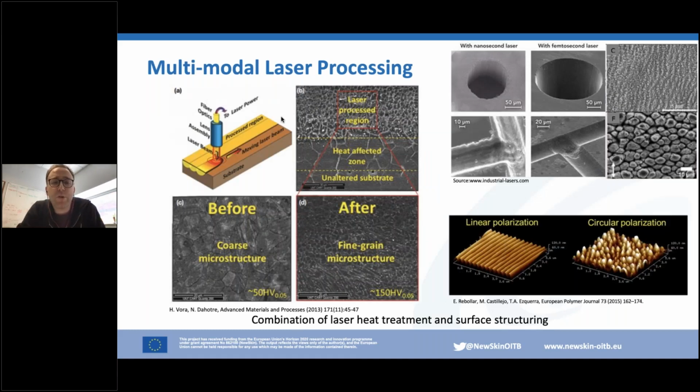The multimodal approach we're looking at developing incorporates a laser heat treatment source, which is a welding laser for surface heat treatment, combined with a femtosecond ultra-fast machining laser. The heat treatment laser allows us to do very precise modification of the microstructure and the surface of substrates and parts.